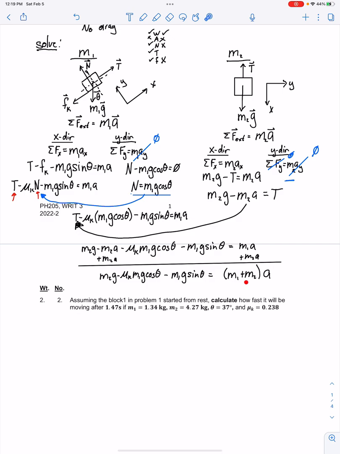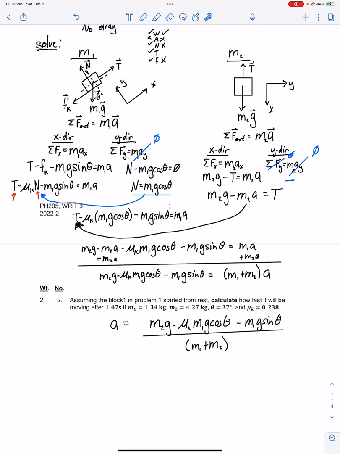And now we can divide by the m1 plus m2, and I'm going to write it down here because we would need this for our second problem, but a is equal to m2g minus mu sub k times m1g cosine theta minus m1g sine theta, all divided by m1 plus m2. All right.